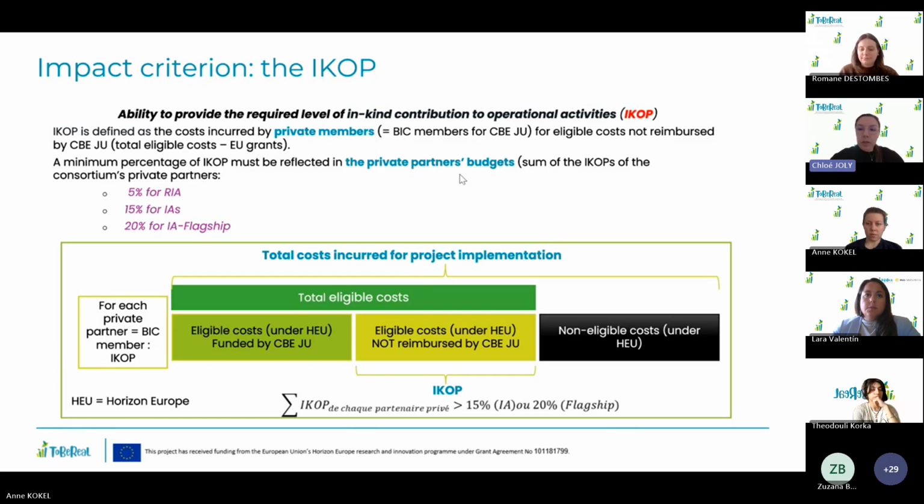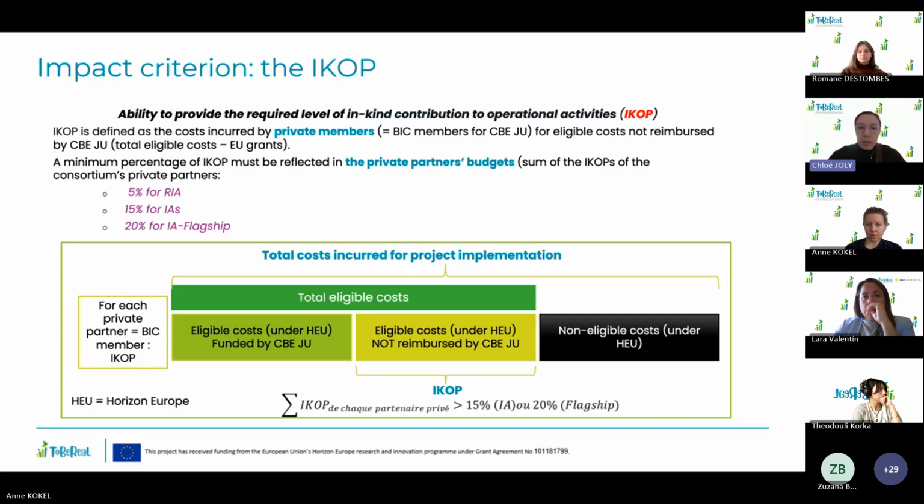We told you just before that BIG members are important in CBE, and that is important because they count on the rule on the in-kind contribution. The specific criteria for CBE for the in-kind contribution, because there is a need to show an ability to provide a sufficient level of in-kind contribution by private members.